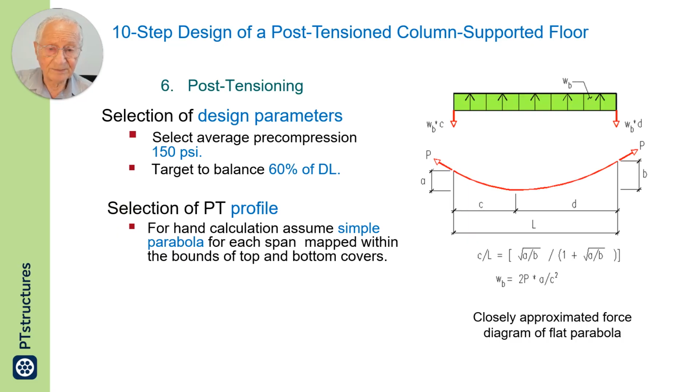With these two assumptions, we select a tendon shape, a tendon profile. I have given here the shape of a non-symmetrical parabola, and loaded, pulled. It's a tendon pulled with force P. There will be forces acting up.